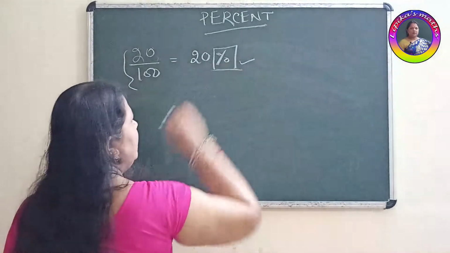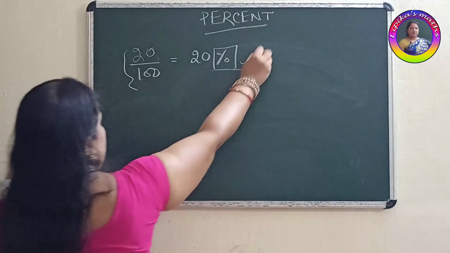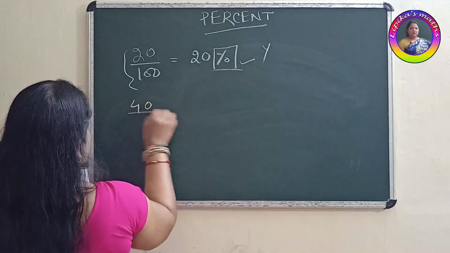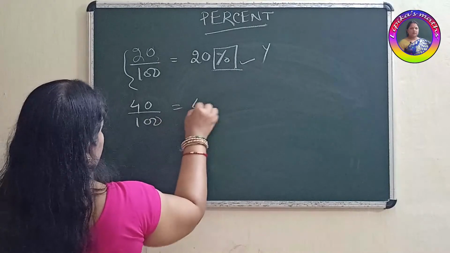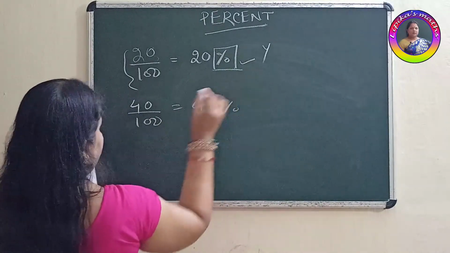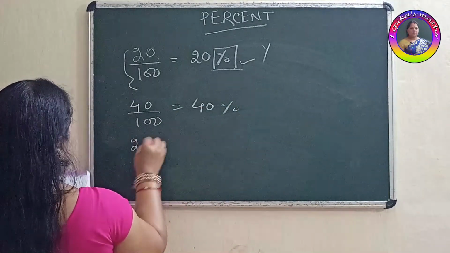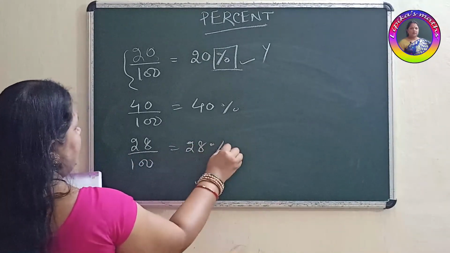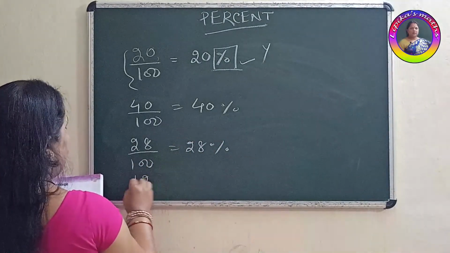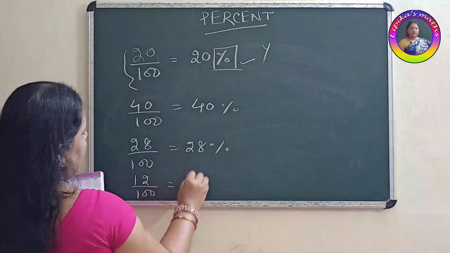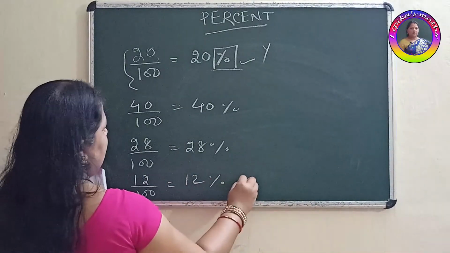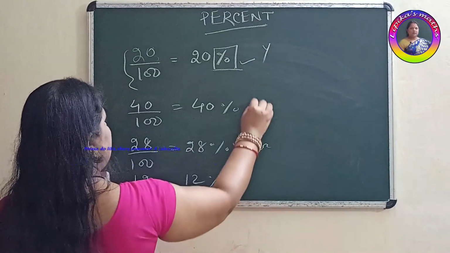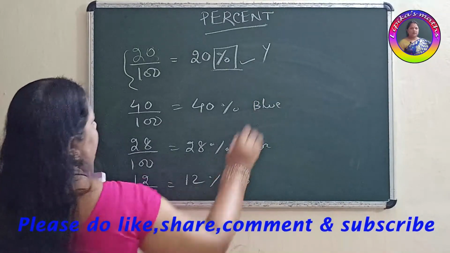This is the symbol of percent. Next, this is your yellow color. Next one is 40 by 100, that is 40%. Next one 28 by 100 equal to 28%. Next 12 by 100, that is 12%. This is your pink color. This is your purple color, this is your blue color.